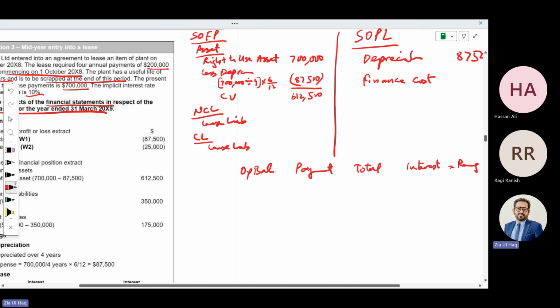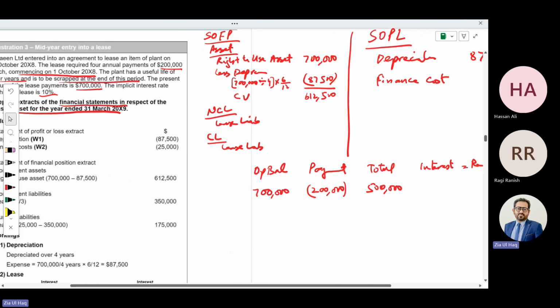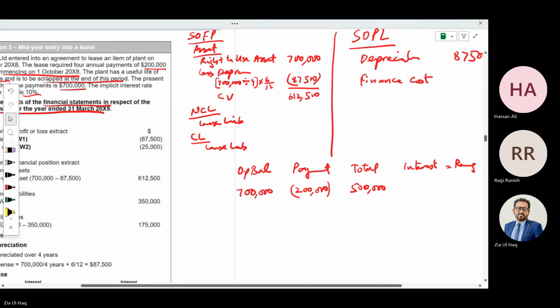So the opening balance we are having is how much? That is 700,000. Payment being made is how much? 200,000. So total is what? 500,000. Interest, how much? 10%. 10% of 500,000 is what? 50,000.